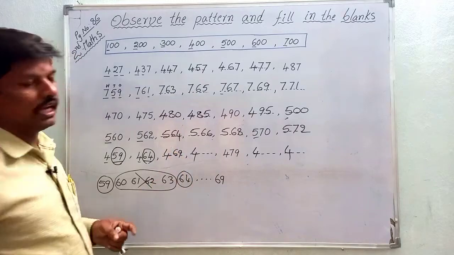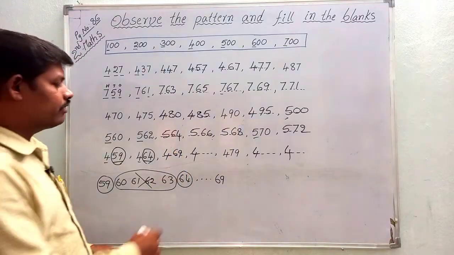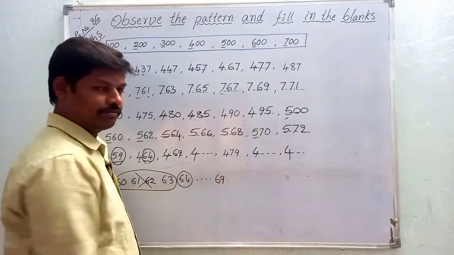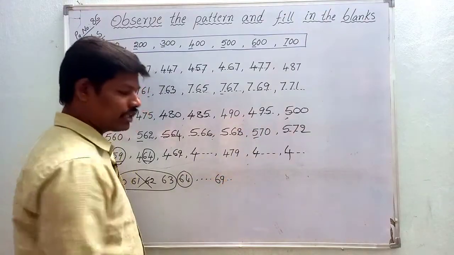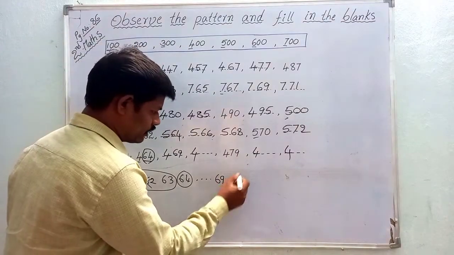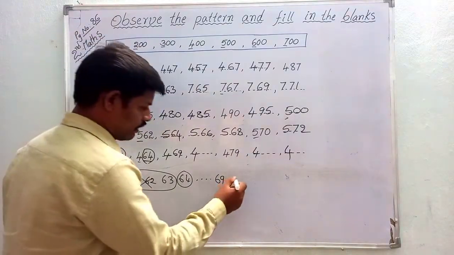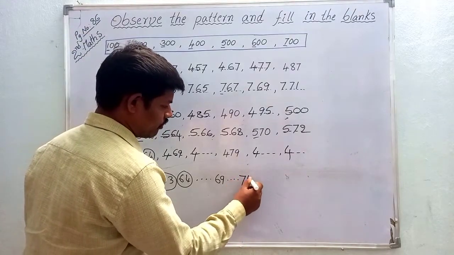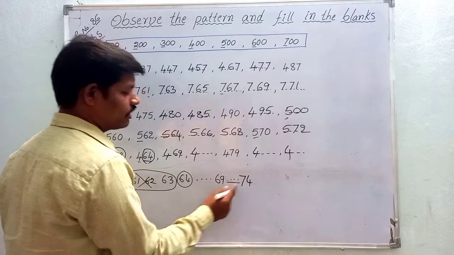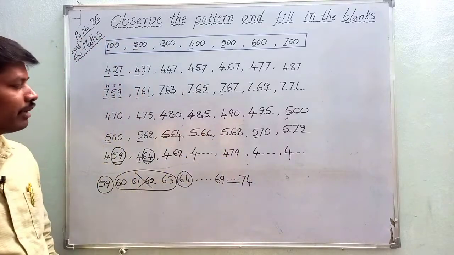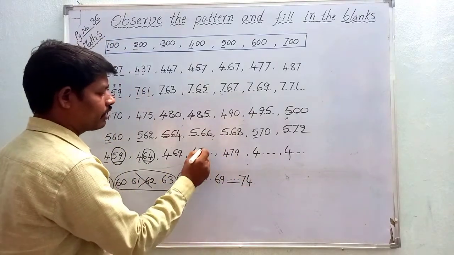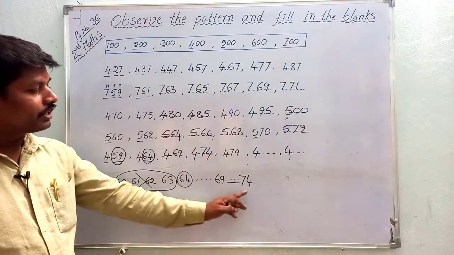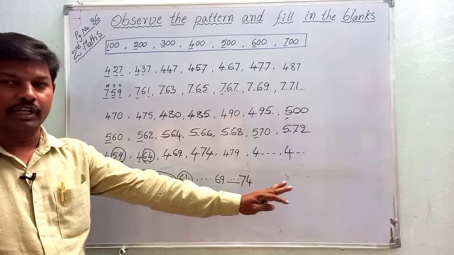Then after 69 again we have to leave 4 numbers. Let us count: 70, 71, 72, 73, and the fifth number is 74. Write 74 right here. After that again leave 4 numbers.